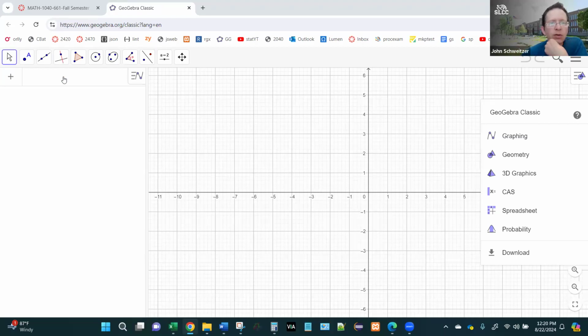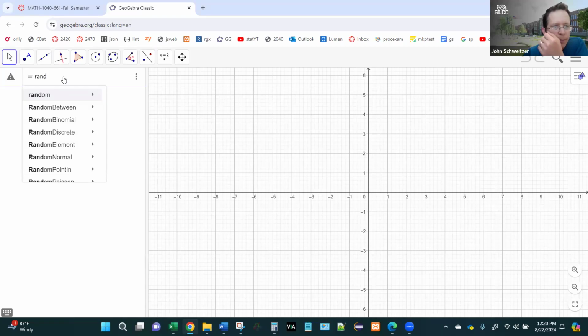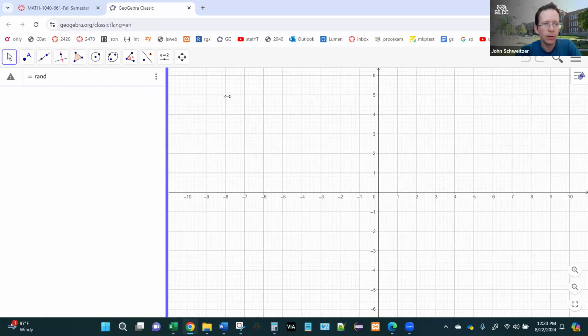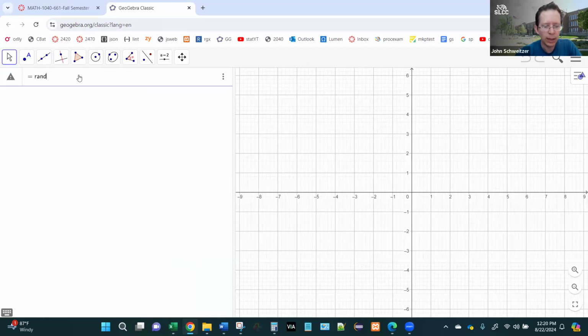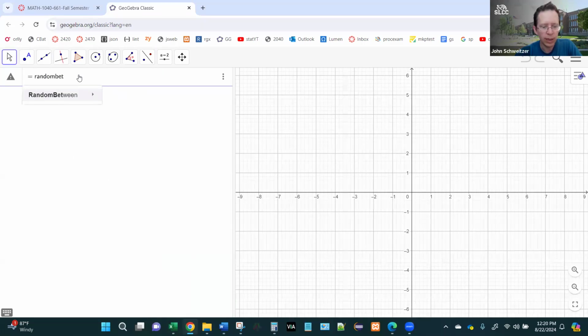Okay, so how to use GeoGebra to get the random sample? We're going to click over here in this box, and we're going to say RAC equals random. Okay, and what we're looking for is this random between. So I'm going to type random, and you can see it popping up there, random between.